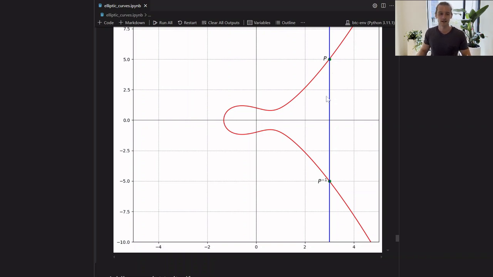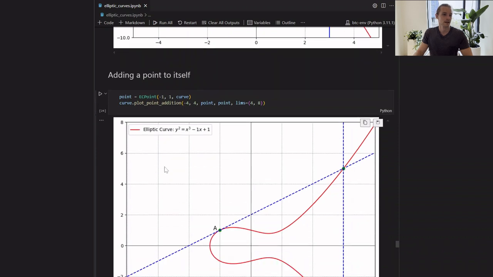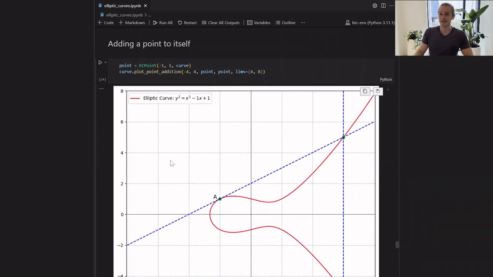It's a bit abstract, but we just need this point at infinity to satisfy all of the group properties and to make all of the arithmetic on elliptic curves and for point addition actually get it to work. Then we'll talk about the last scenario, which is adding a point to itself.